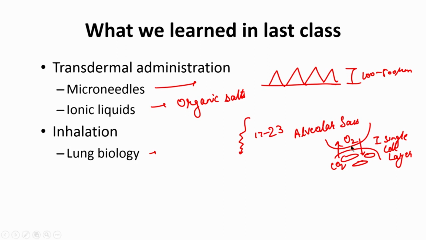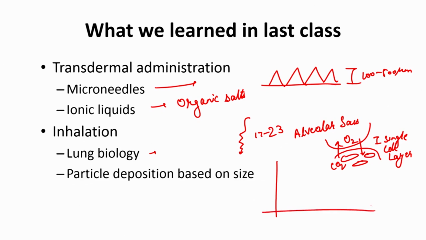And then we talked about how particle deposition on the basis of size happens in the lung. What we found is that, especially for the deep lung, we are looking at a range of about 1 to 5 microns.